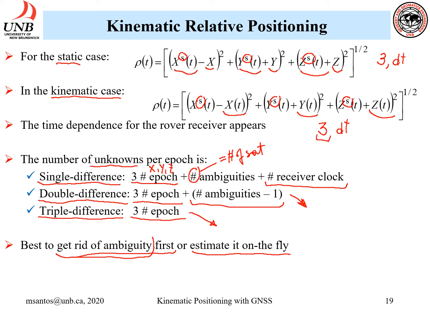If you want to estimate the ambiguities, we can use double difference, which is usually the case when we deal with ambiguities, and we are going to estimate them on the fly. And here's the thing, we can estimate them as a real number or as an integer number.